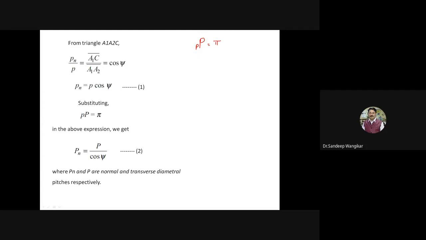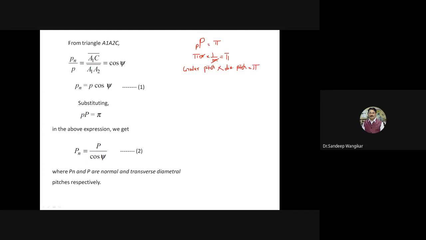Diametral pitch is 1 divided by module and circular pitch is pi into module. So circular pitch is pi m and diametral pitch is 1 upon m. So ultimately you will get pi. These are just for your revision brush-up. Circular pitch into diametral pitch is equal to pi.